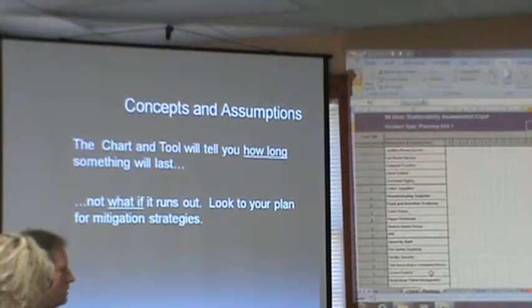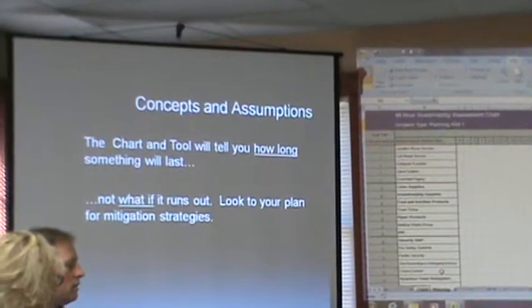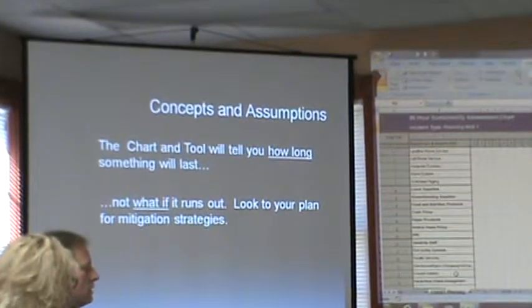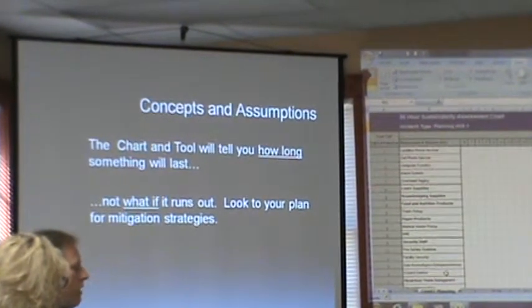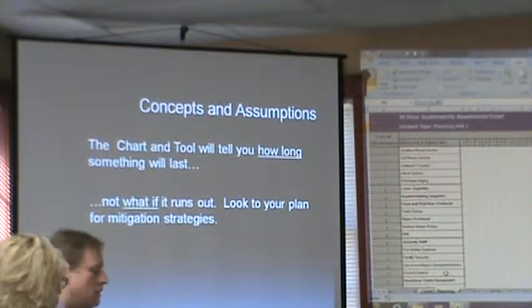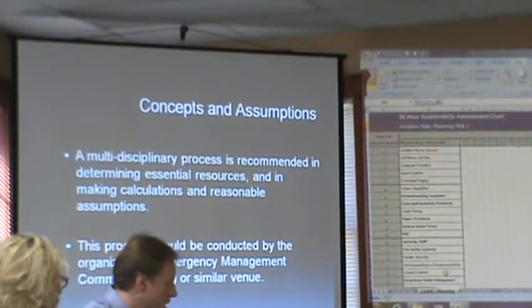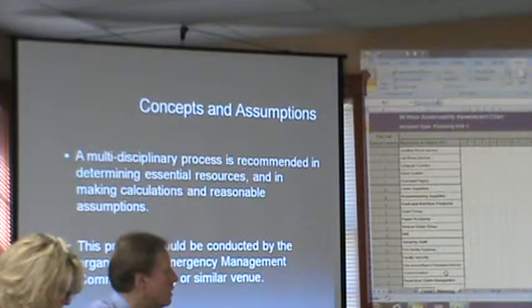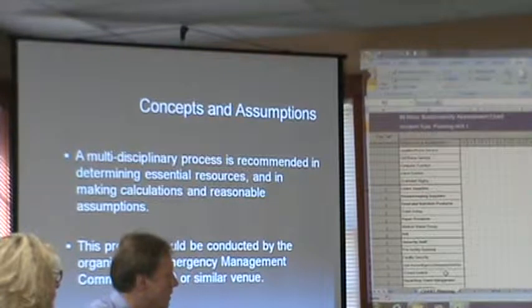The chart and the tool will tell hospitals how long something will last. The tool and chart are not meant in any way to tell you what to do if you run out of something. The hospital needs to look internally to their plans for their mitigation strategies. We recommend that a multidisciplinary process be used in determining the essential resources, in making the calculations using the tool, and in making reasonable assumptions that need to go into the decision-making process.